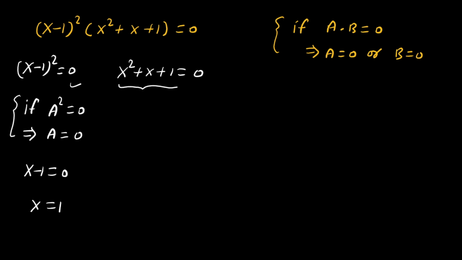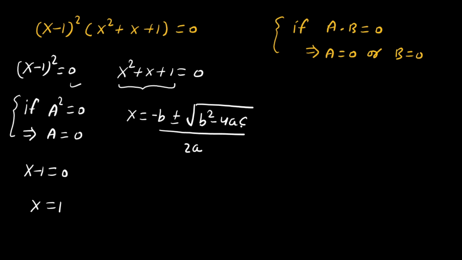And here this is a quadratic equation. Here we will apply the quadratic formula. We know that the quadratic formula is x = (-b ± square root of (b^2 - 4ac)) over 2a. And we know that here the value of a is 1, the value of b is 1, and the value of c is 1.